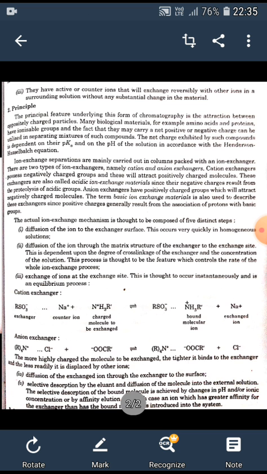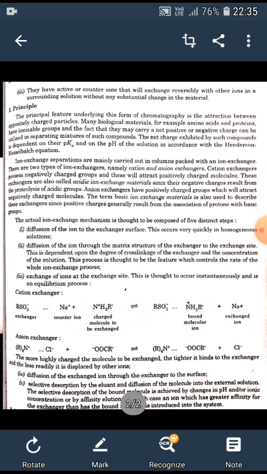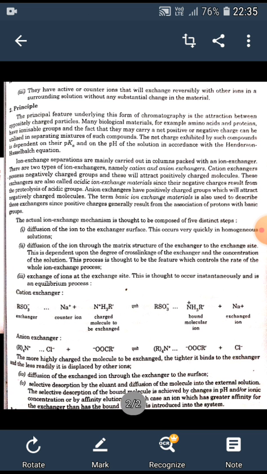Ion exchange separations are mainly carried out in columns which are packed with an ion exchanger. There are two types of ion exchangers, namely cation exchangers and anion exchangers. Cation exchangers possess negatively charged groups which will attract positively charged molecules.